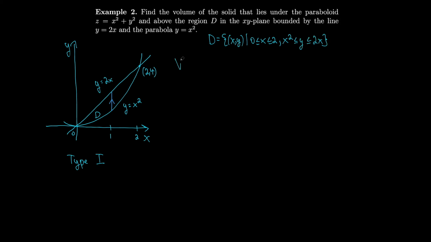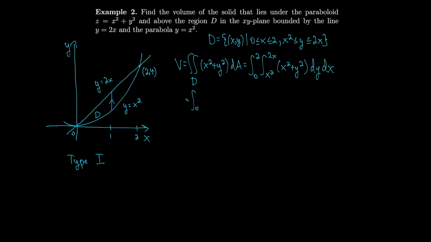So that means that our volume is our double integral over D of x squared plus y squared dA, which is by Fubini equal to the integral from 0 to 2 for x, and then x squared to 2x for y, of x squared plus y squared dy dx. And that's just equal to the integral from 0 to 2 of x squared y plus y cubed over 3 evaluated from y equals x squared to y equals 2x.